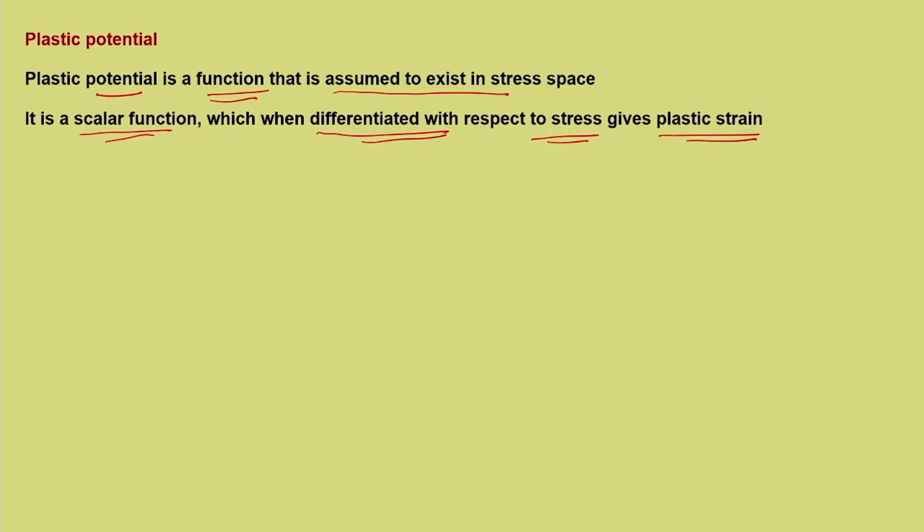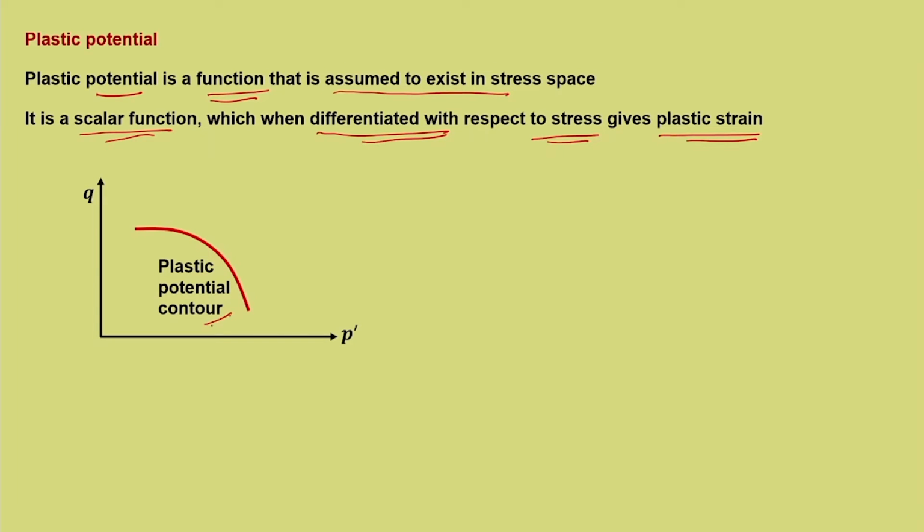It is very essential to define plastic potential, because when you differentiate that scalar function with respect to a specified stress, it gives the plastic strain corresponding to that particular stress condition. So, define plastic potential and get plastic strain.